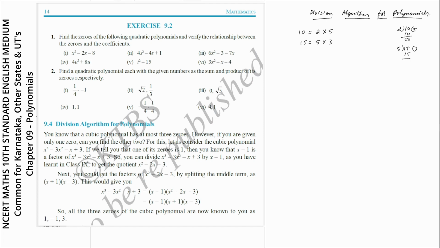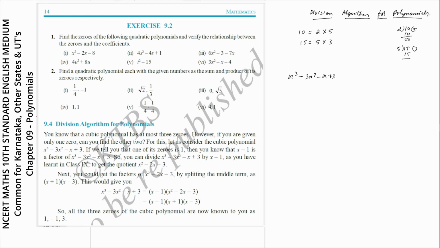So the same thing applies here also in case of polynomials. Now consider one polynomial which is an example in your textbook also. x cube minus 3x square minus x plus 3.